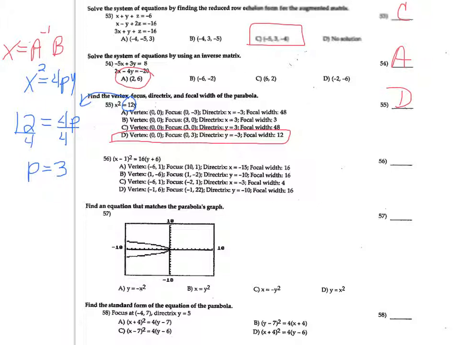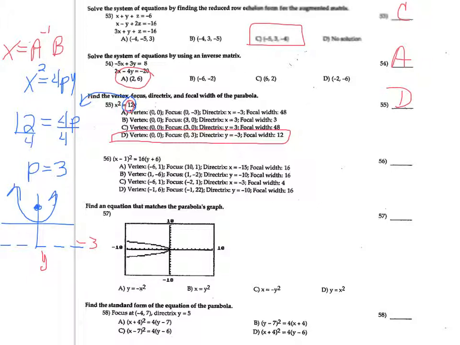Since this is a parabola opening up, the focus is inside the parabola, going up, which is going to be 0, 3. The directrix is opposite to that number, where the y is, so it's y equals negative 3. And the focal width is just the number in front of the y, which is 12. And that's why it's D.